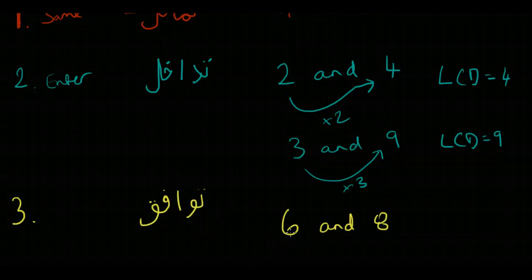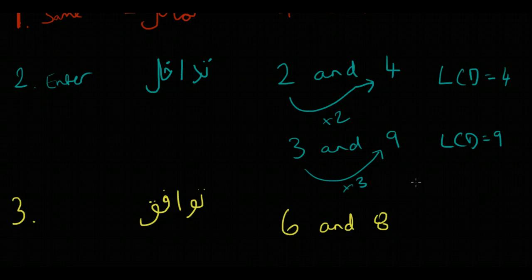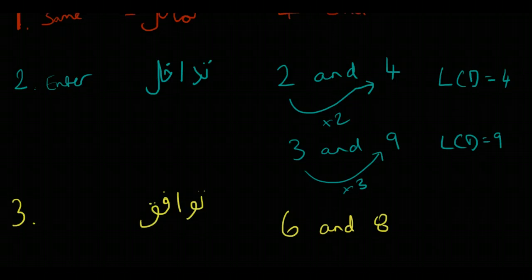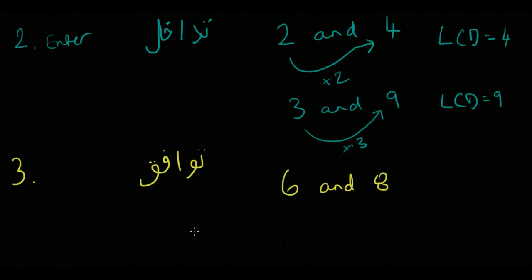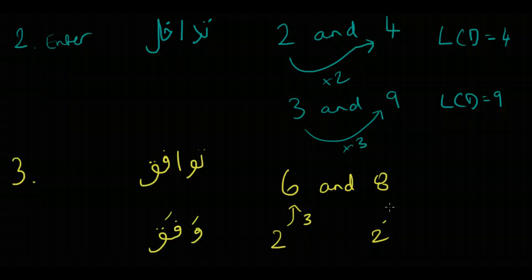However, although 6 goes into 8 with a remainder of 2, there's a third number called the wathaq, which goes into both 6 and 8. And in this case, the wathaq is 2. So 2 goes into 6 3 times, and 2 goes into 8 4 times.